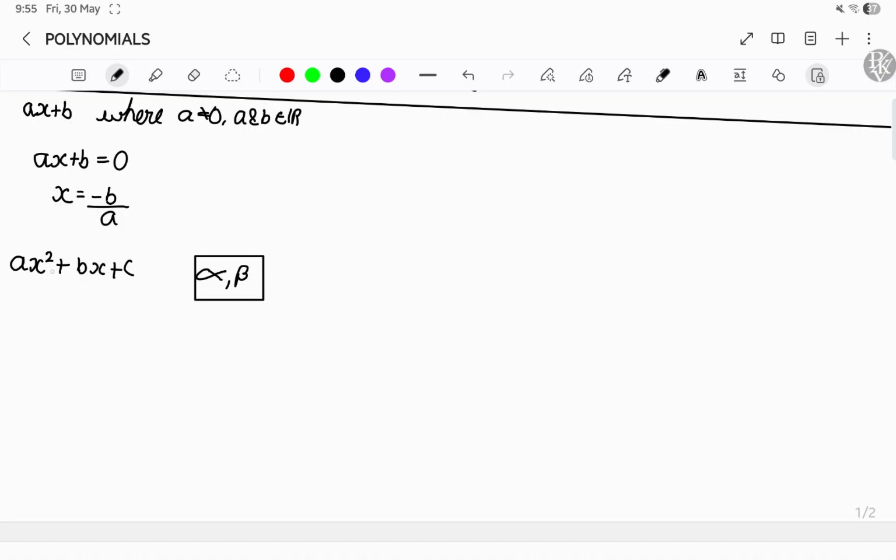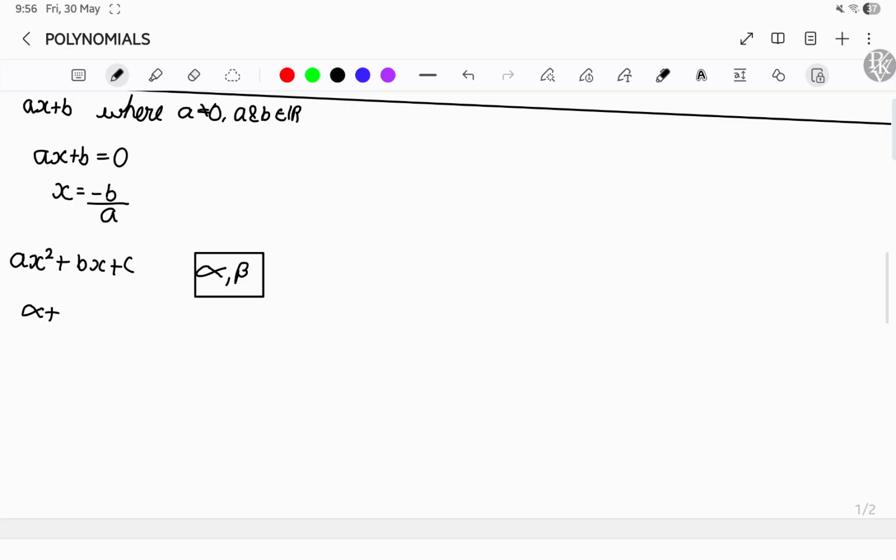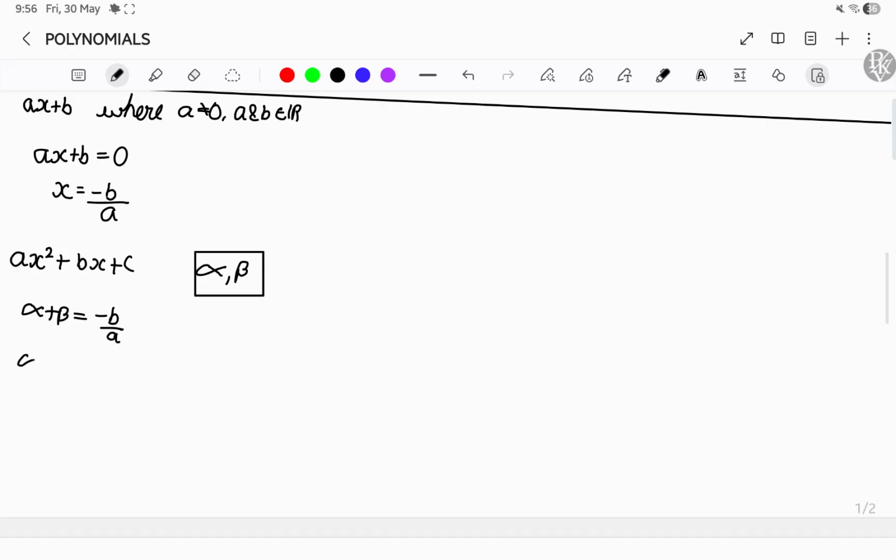Now, the relation between the zeros and the coefficients in quadratic equations is that alpha plus beta, the sum of zeros, is equal to minus b by a. In quadratic equations, the sum of zeros is minus b by a. The product of zeros, that is alpha beta, is c by a.